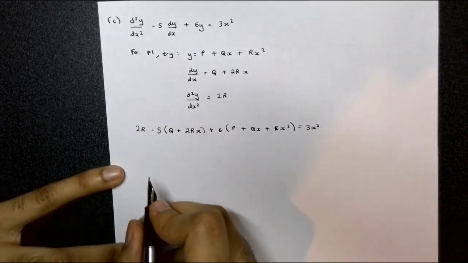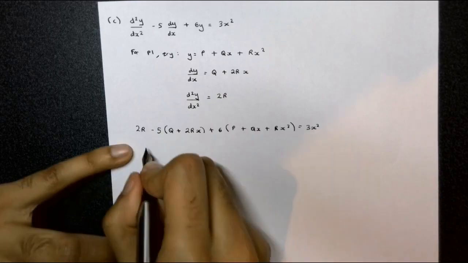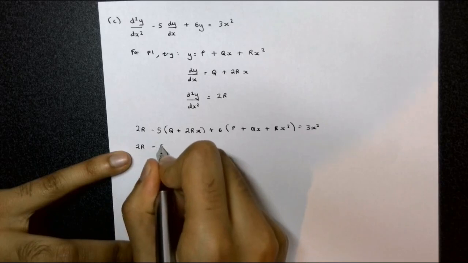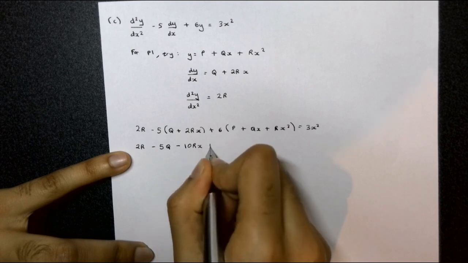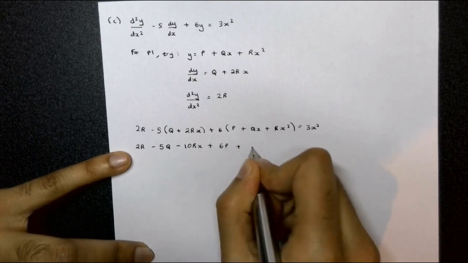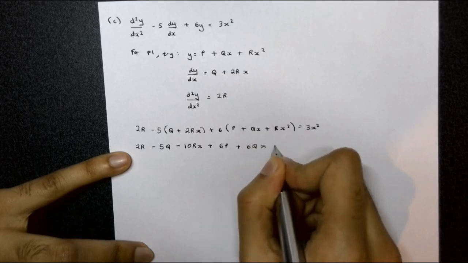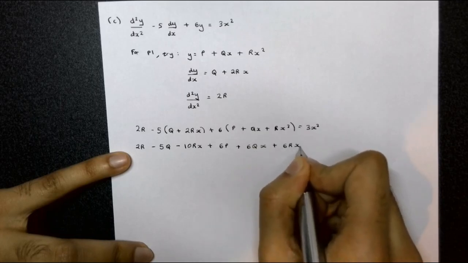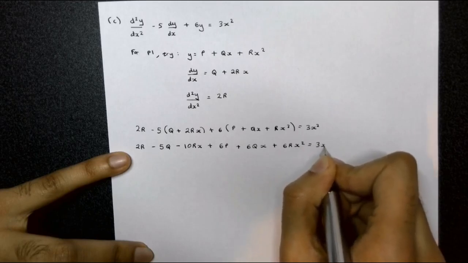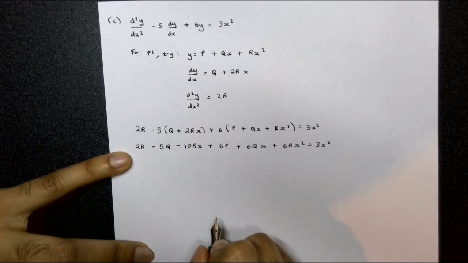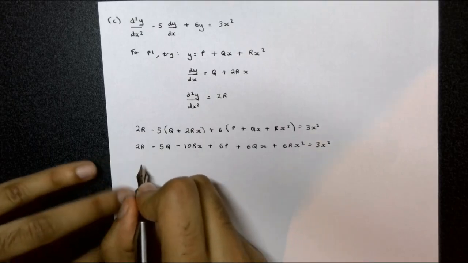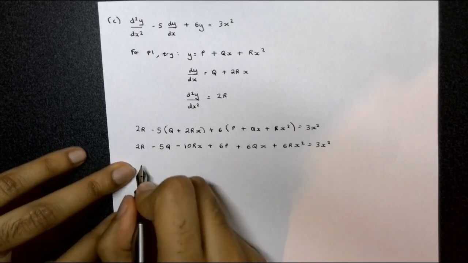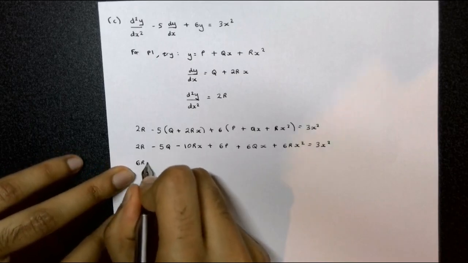So if we expand and simplify, we've got 2r minus 5q minus 10rx plus 6p plus 6qx plus 6rx squared. This is equal to 3x squared. So now what we can do is gather all the terms involving an x squared. If we do that, you can see we've got 6rx squared.